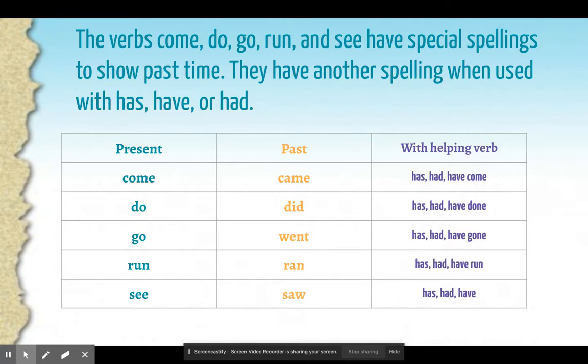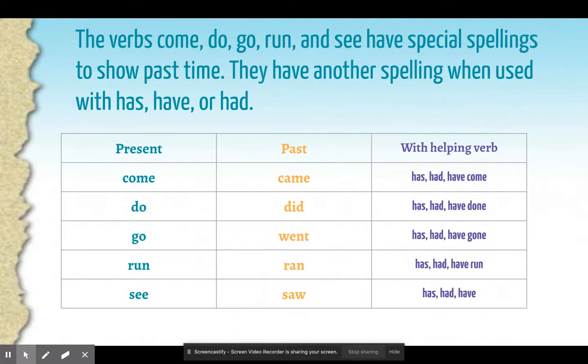So for come, to make it past tense, we could say came, but it could also be has come, had come, or have come. For do, the past tense is did, but it could also be has done, had done, or have done. For go, the past tense is went, but it could also be has gone, had gone, or have gone.